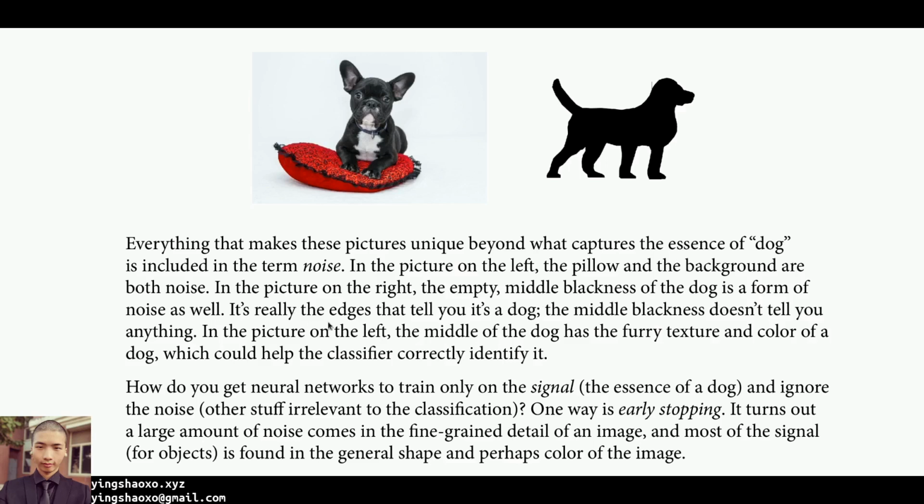It's really the edges that tell you it's a dog. The black glass doesn't tell you anything. In the picture on the left, the middle of the dog has the furry texture and corner of the dog, which could help the classifier correctly identify it.